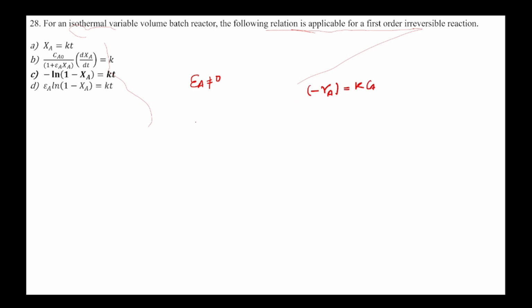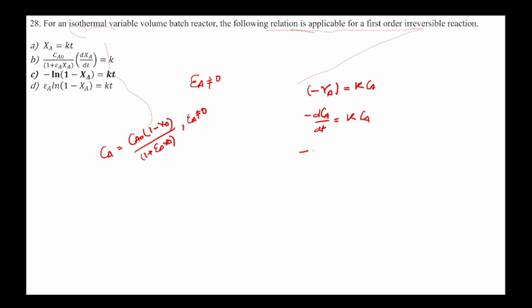We know that minus dCA by dt is equal to k CA. Okay. CA is equal to CA naught (1 minus XA) upon (1 plus epsilon A XA) when epsilon A is not equal to 0.